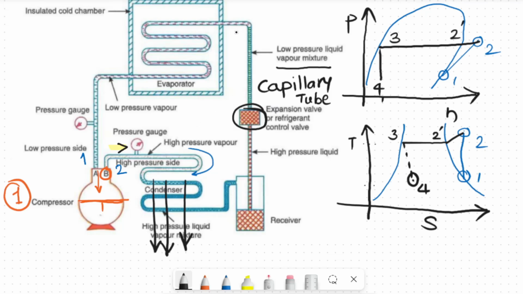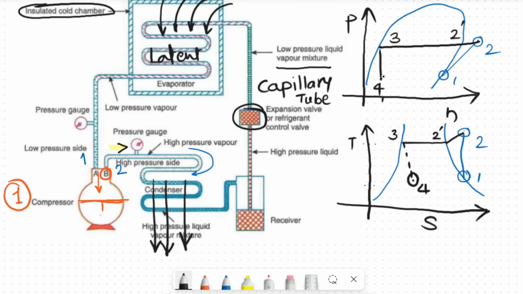Now, this liquid-vapor mixture of the refrigerant enters the evaporator, which is an insulated cold chamber, and it will absorb the heat from the cooling chamber, and this heat is latent heat.